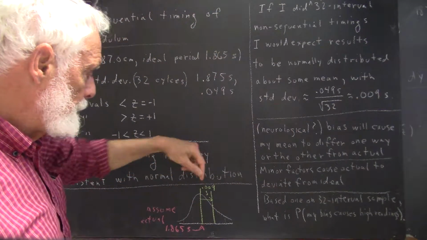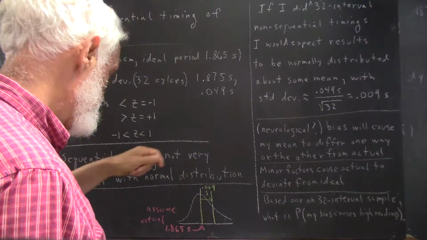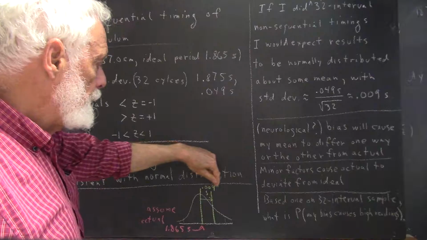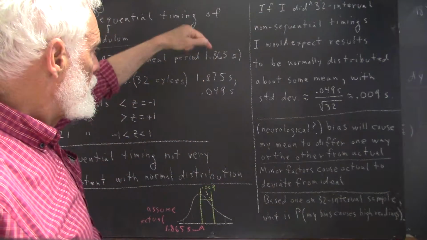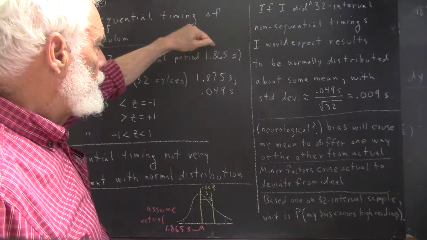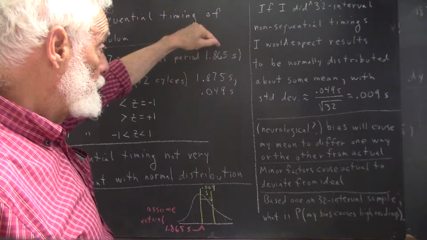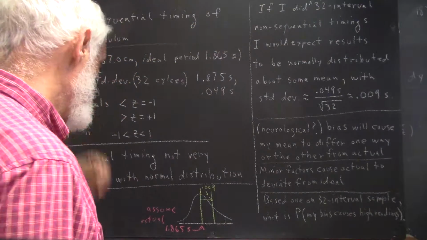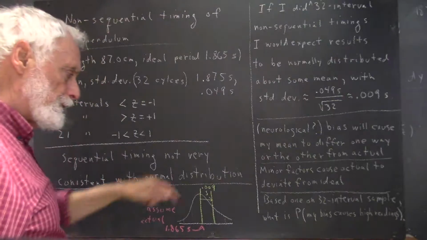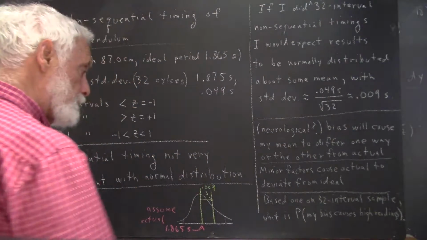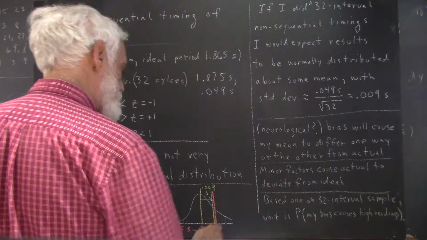So, assuming then an actual of 1.865 seconds and a standard deviation of 0.009 seconds, well, I was 0.01 second high, wasn't I? Because this is 0.01 second greater than this, so that this 0.009 seconds is not quite 0.01 seconds. My 0.01 seconds would be out about here.